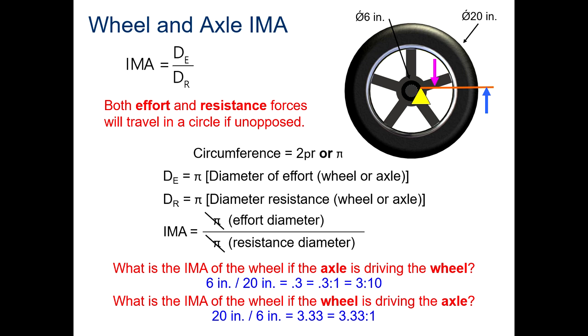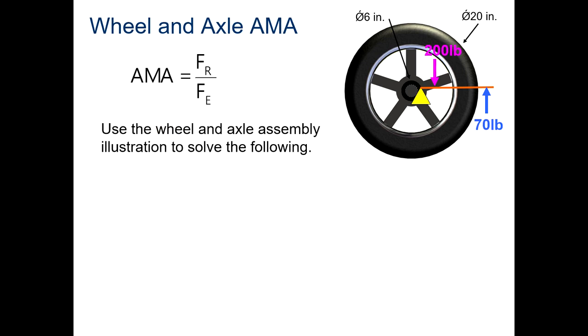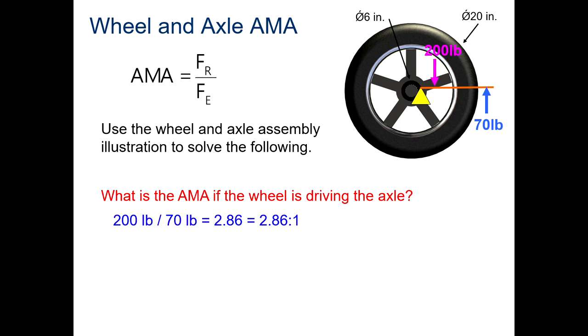All right, now let's look at the actual mechanical advantage. Okay, this is going to be the resistance force over the resistance effort. And again, we have to know those values. So on this one, if the wheel is driving the axle, it's going to be 200 divided by 70, which equals 2.86 to 1.